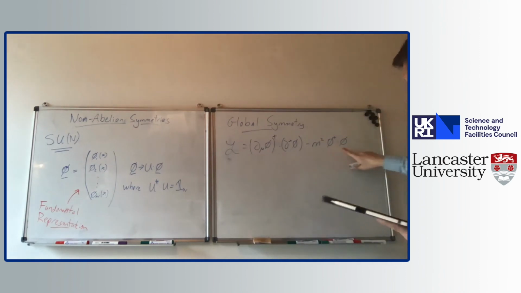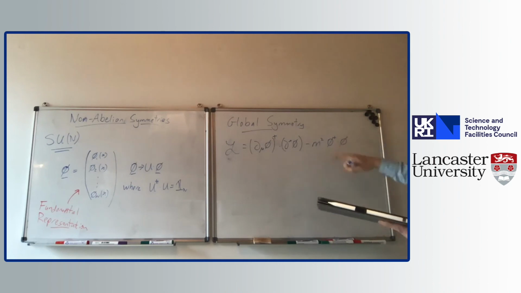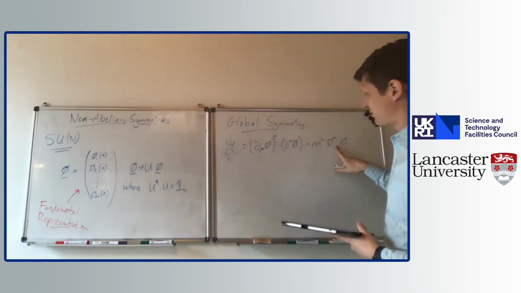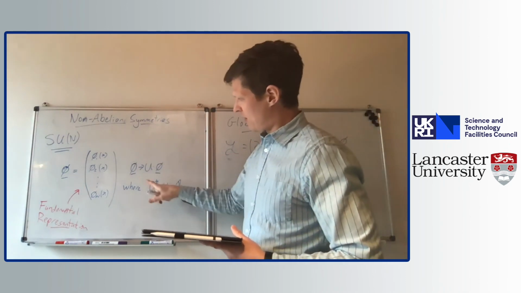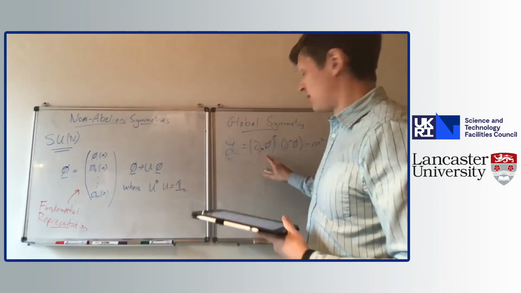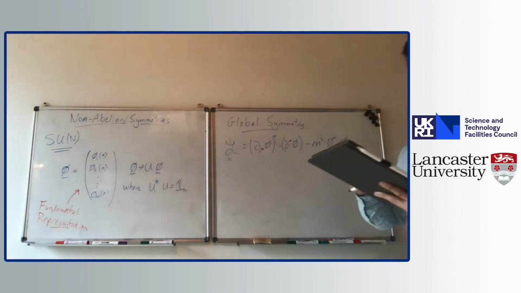You see, for instance, we would get U acting on this side and U dagger on this side, but U dagger U is just one, the identity matrix. And if it's global, the symmetry transformation does not depend on any space-time coordinates, so the derivatives don't matter. You just get U dagger U, which is just one.